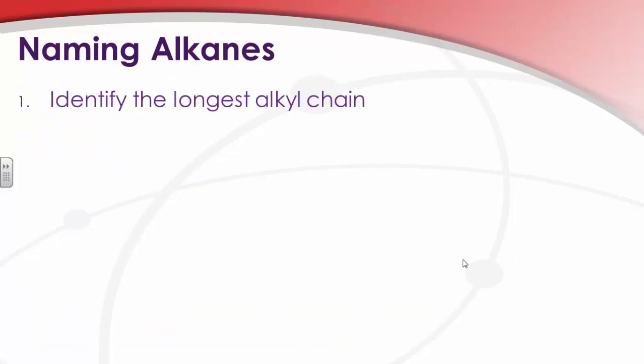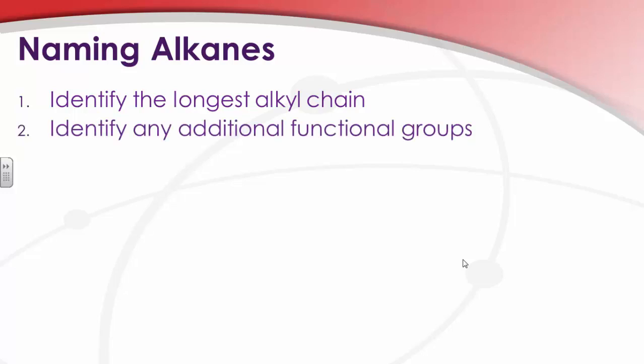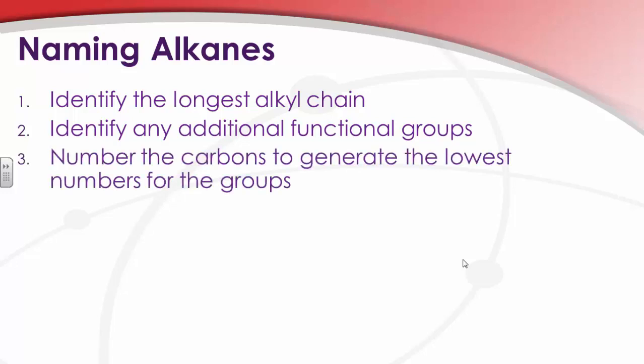So how do we apply these rules? Well, let's just go through it very quickly. The first thing you want to do when you're naming alkanes is identify the longest alkyl chain that's available. Then what you want to do is find any additional functional groups, any additional things bolted onto the sides of that alkyl chain. Then you number the carbons, and you have to choose which way to number them.